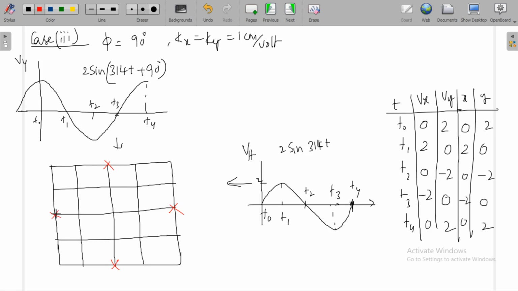Then you're going to get a circle in clockwise direction.